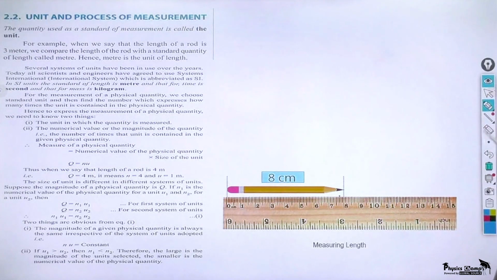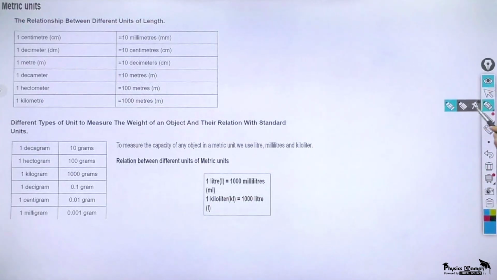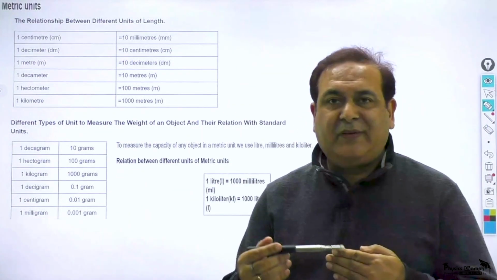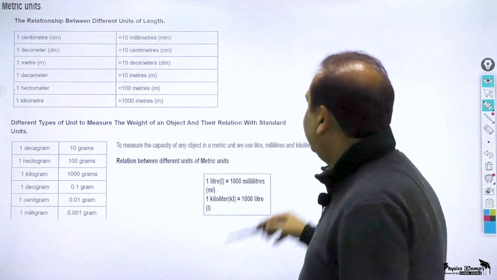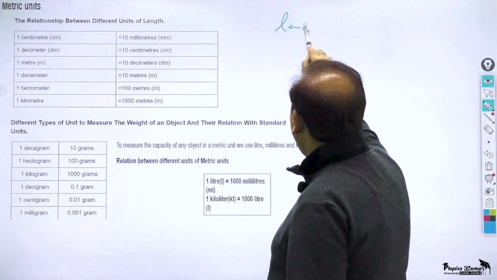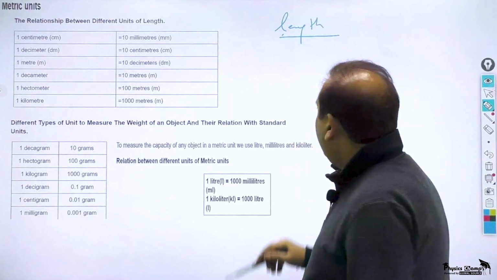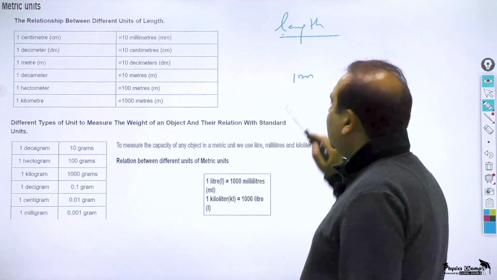Now moving ahead, just to give you some more idea about the different units and abbreviations, for example in length, the standard unit can be 1 meter.